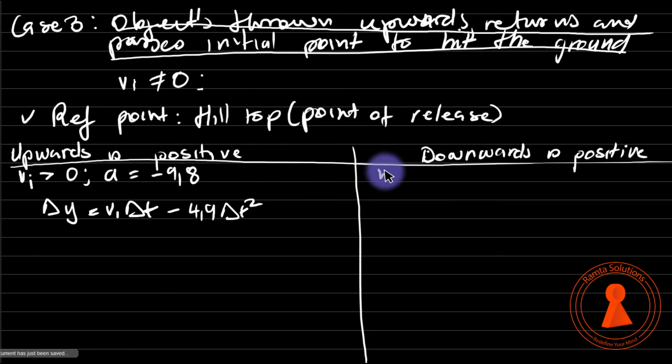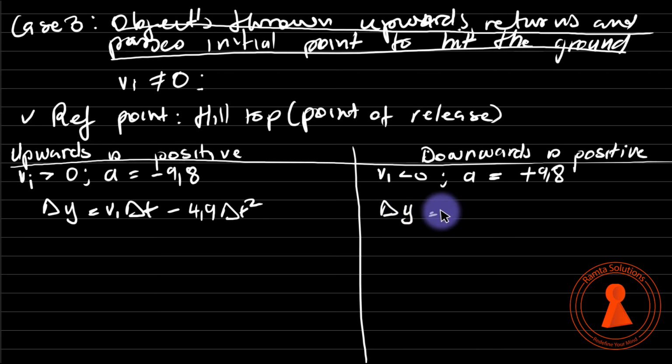So here we have vi will be negative because downwards motion is positive. Acceleration vector will be positive 9.8. So delta y here will be vi delta t plus 4.9 delta t squared.